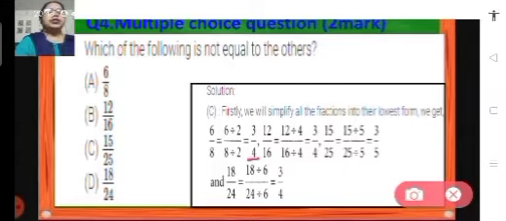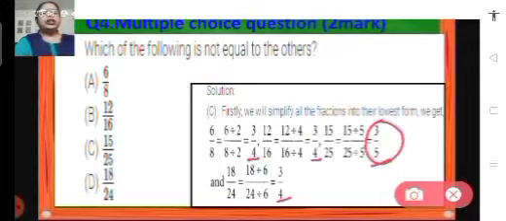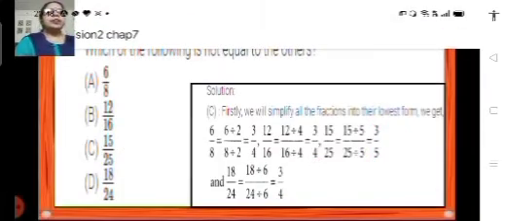And 12 upon 16 is equal to 3 upon 4 again. And 15 upon 25 is equal to 3 upon 5. And 18 upon 24 is equal to 3 upon 4. So, which is not equal to the others? It is 3 upon 5, isn't it? That means 15 upon 25 is the right option. C is the correct answer.